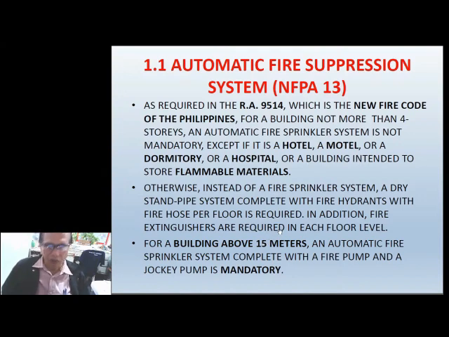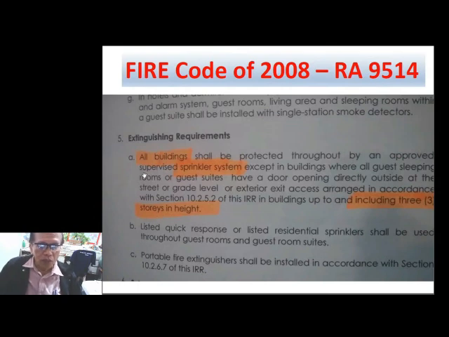Which is the fire hose cabinet in there, and the Siamese twin or the fire department connection, which is simply provided for connection to the Bureau of Fire's hoses.